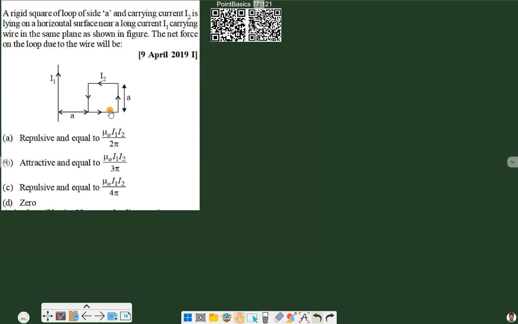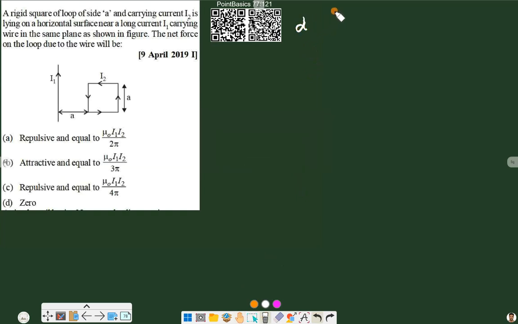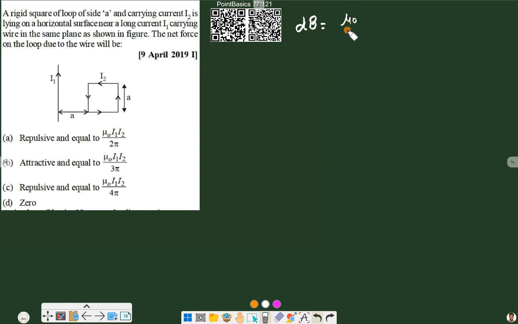And according to the Biot-Savart law, we know that dB, the magnetic field due to any small element, is equal to mu naught by 4 pi, I dl cross r divided by r cubed.